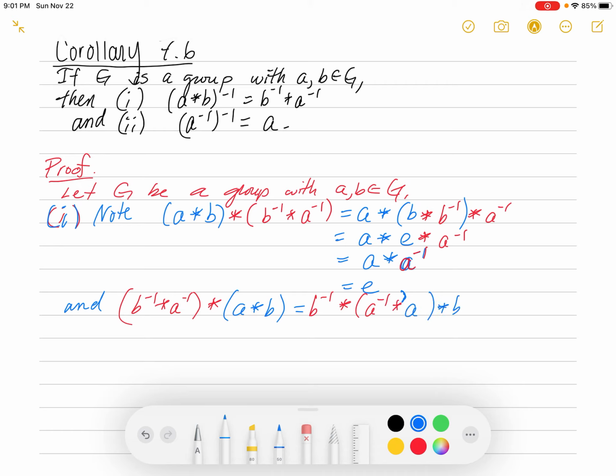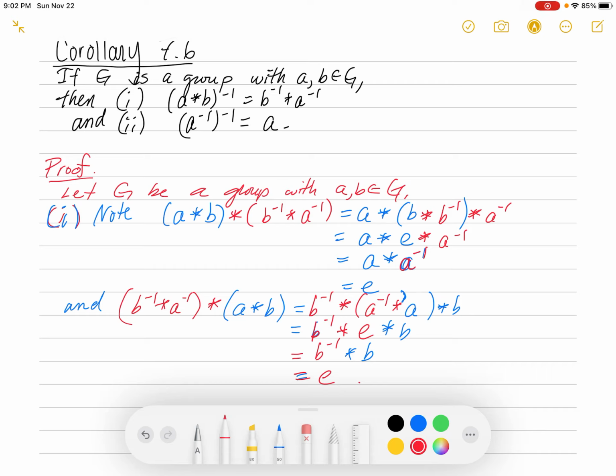We're going to have star B on the end. So we have B inverse starred with, well, in the middle you got A inverse A. That's going to be the identity. And we're going to do B inverse E. What's B inverse E? It's going to be B inverse. And then we're going to star that with B, and B inverse B is going to be the identity.